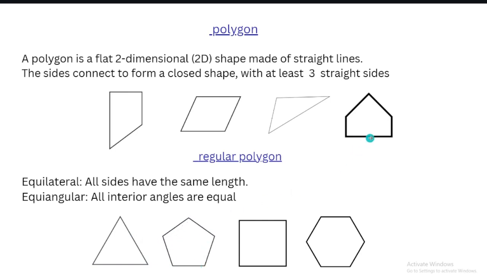This is a pentagon also, but this one does not have equal angles and equal sides. Among 4-sided polygons, the square is the regular polygon because it has 4 equal sides and 4 equal angles, and so on.